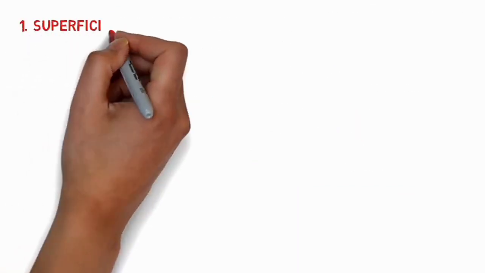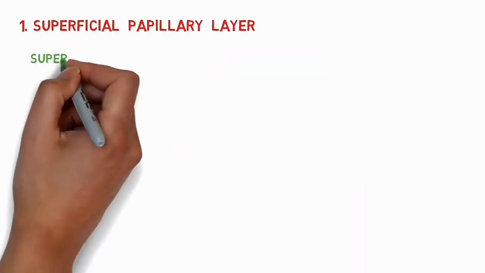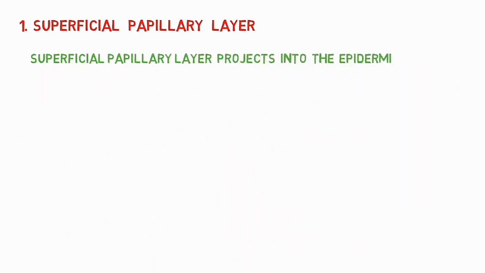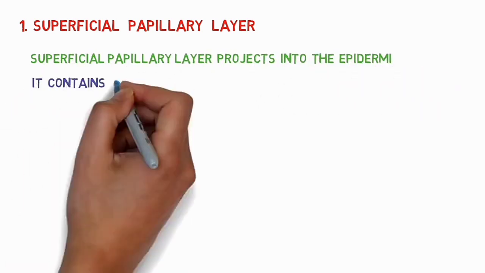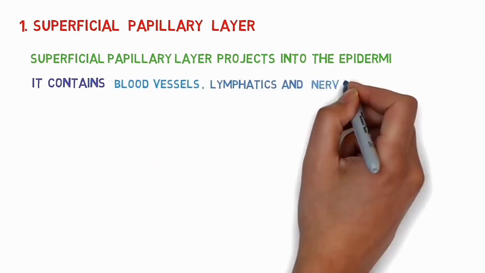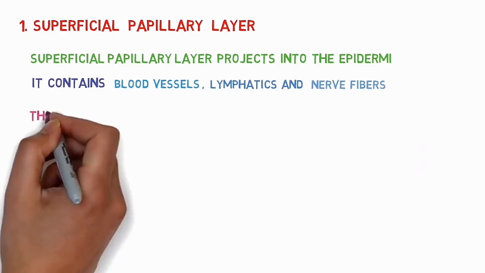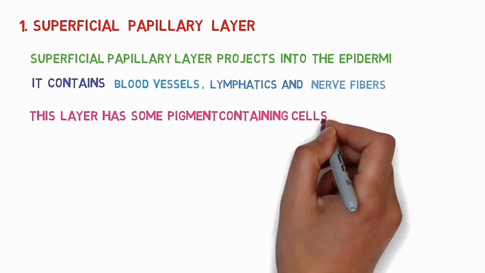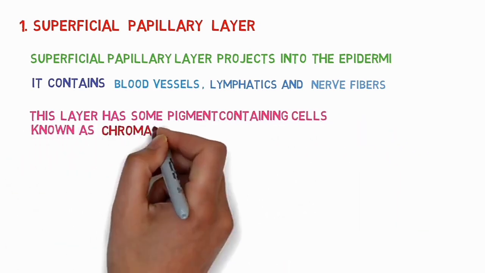Now, first, superficial papillary layer. Superficial papillary layer projects into the epidermis. It contains blood vessels, lymphatics, and nerve fibers. This layer has some pigment-containing cells known as chromatophores.